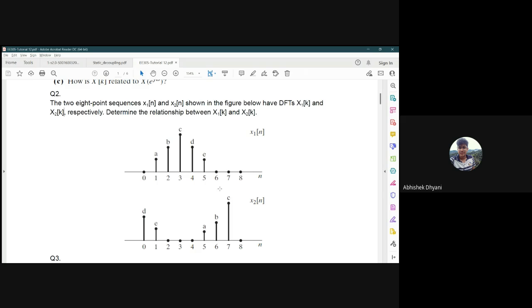And there are also these zeros which are here. So the relation is that in some way these two are related through the circular shift. So these are related through the circular shift property. That is the first thing that we notice. And we will utilize this observation to find out the relation between the discrete Fourier transforms.